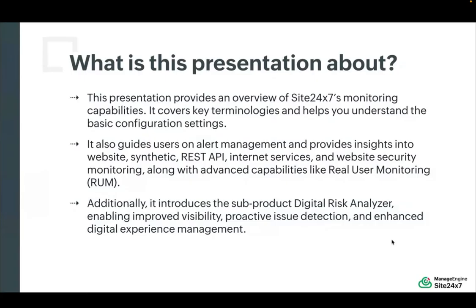In this session, we'll first discuss the terminologies used in Site 24/7. What are the basic terminologies, and how we represent a monitor and everything. Later we'll talk about alert management and each of the resources, like each monitor type, what all monitors there are, and how they are applied. We'll also be explaining our sub product, which is DRA, and modules and security modules going forward.